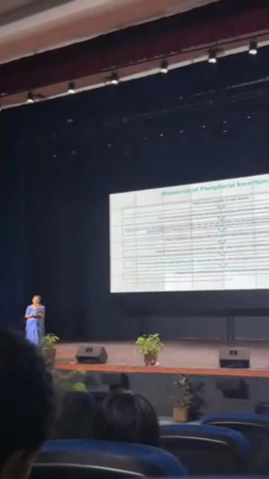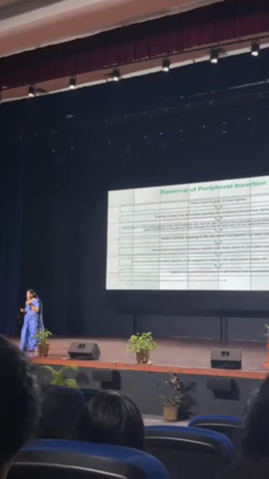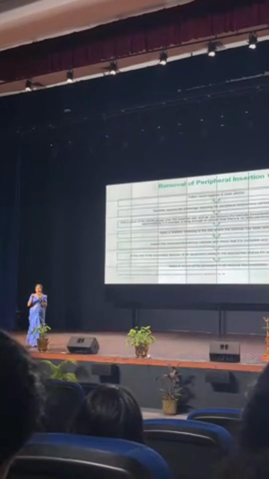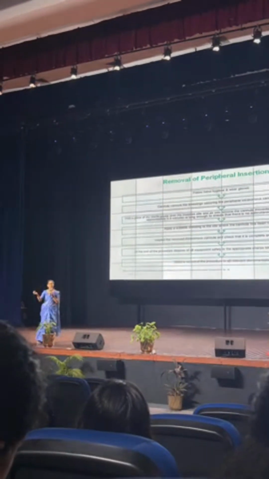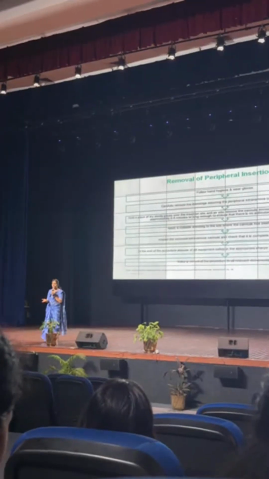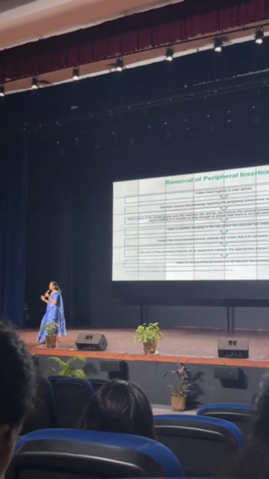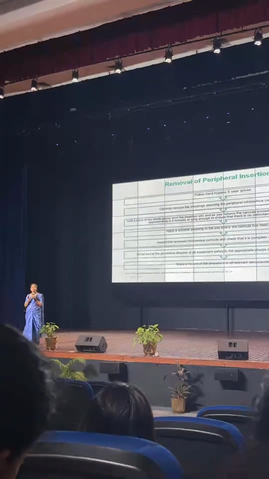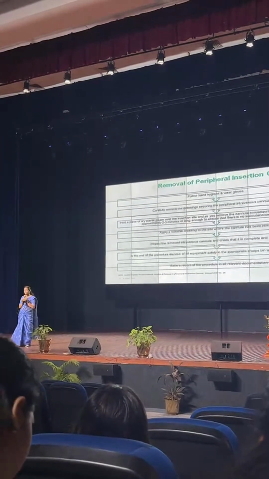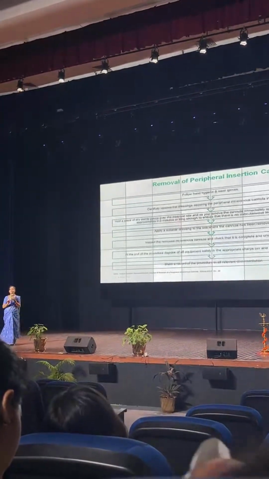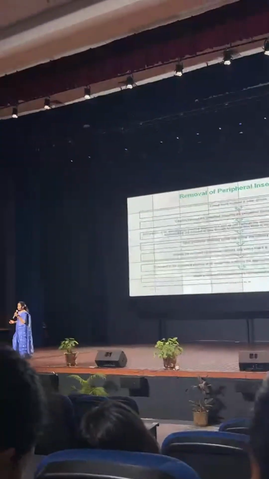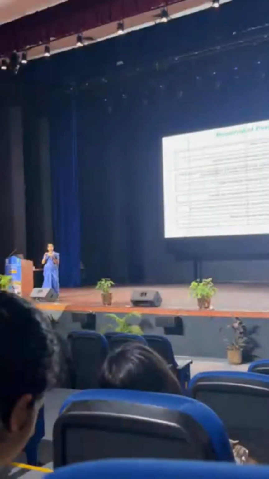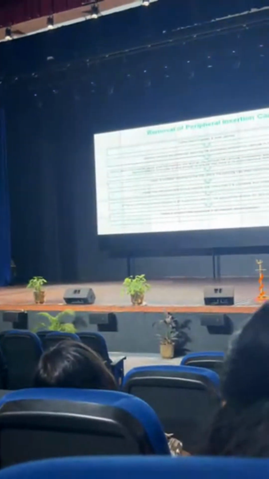It is not once in 6 hours or once in your shift. Whenever you are accessing the lines, PIC lines, mid lines, CVC, or the peripheral cannula, whenever you are going to give medications or fluids, you have to monitor the VIP score, right? So always remember, the VIP score should always be 0 or 1. If the score has become 2, you have to remove the cannula and resite the cannula, right?